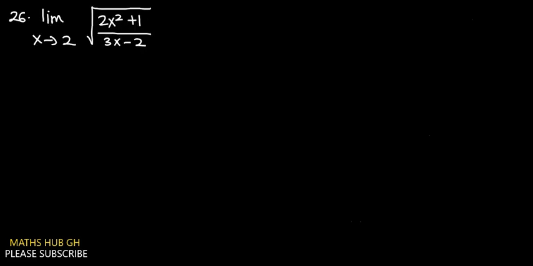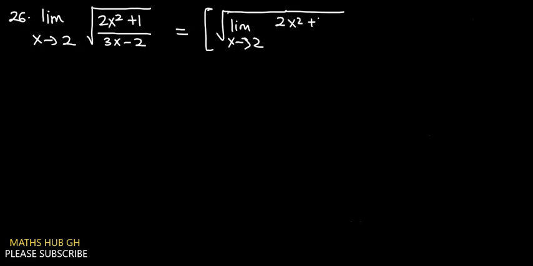Okay guys, this is the next example. Let's look at how you're going to solve this also. To solve this, let's look at how I'm going to rewrite the whole expression. I'm going to rewrite this as the square root of the limit as x approaches 2 of 2x squared plus 1 divided by 3x minus 2.